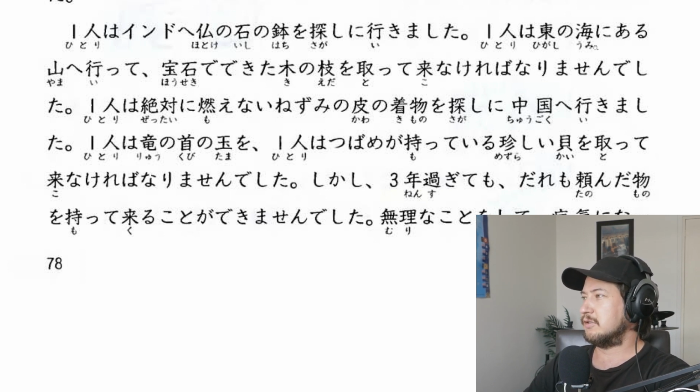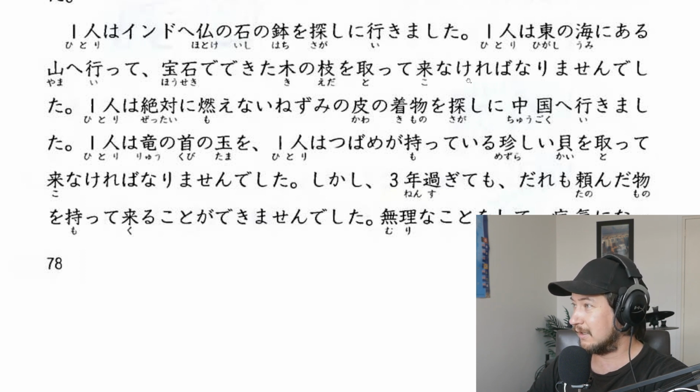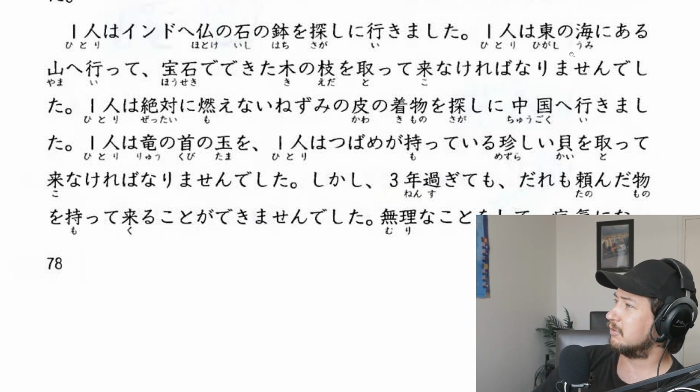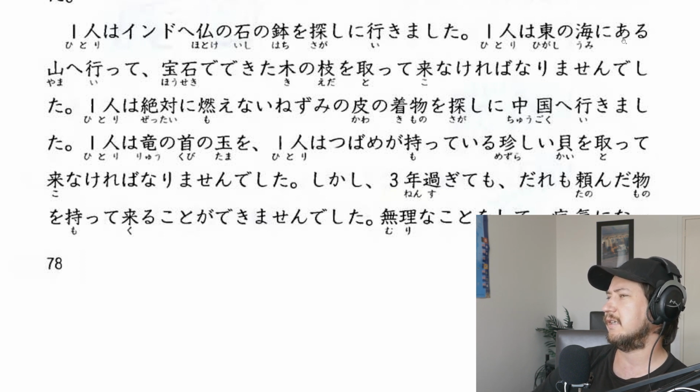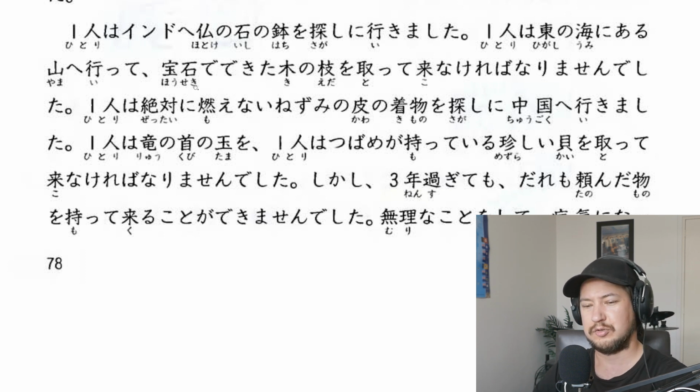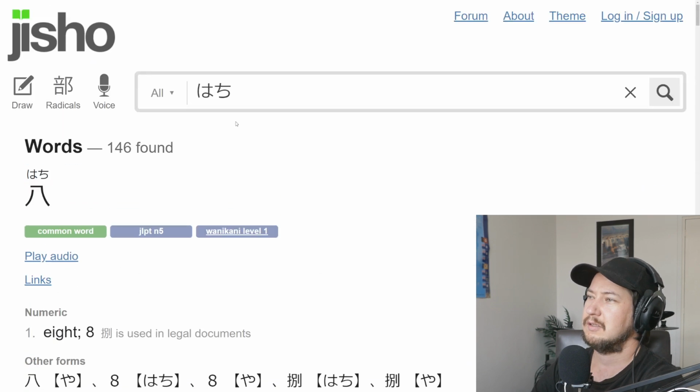一人は東の海にある山へ行って宝石でできた木の枝を取ってこなければなりませんでした. So another guy, 一人は東の海に. So 東 is Eastern Sea. He went there to the Eastern Sea and there was ある山へ行って, a certain mountain. And 宝石, it's kind of like jewelry, I think.